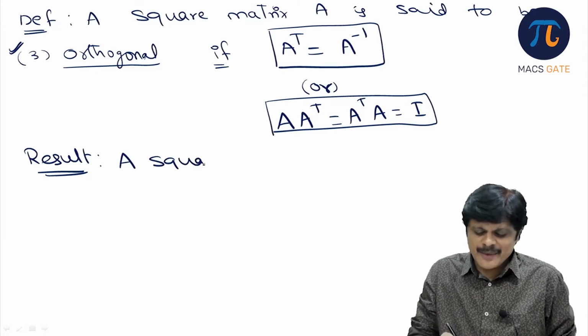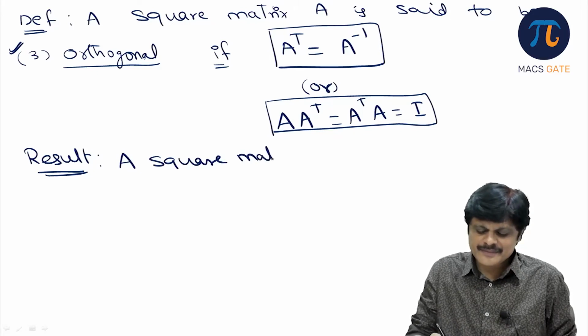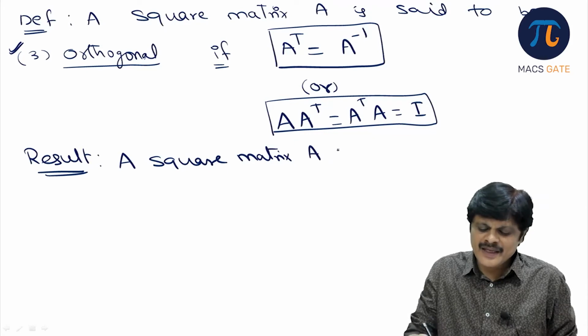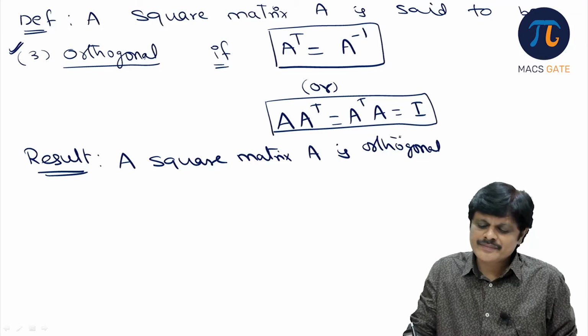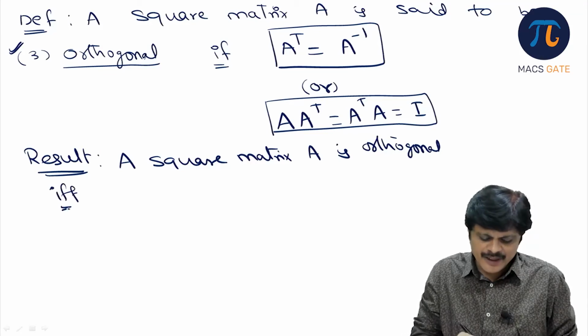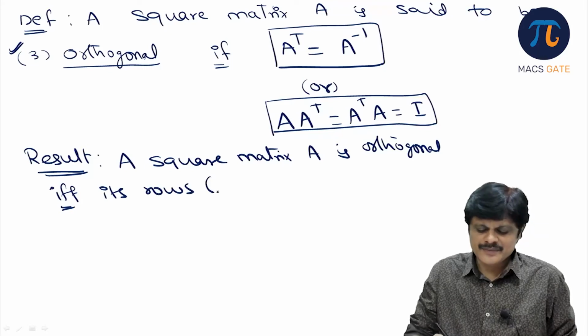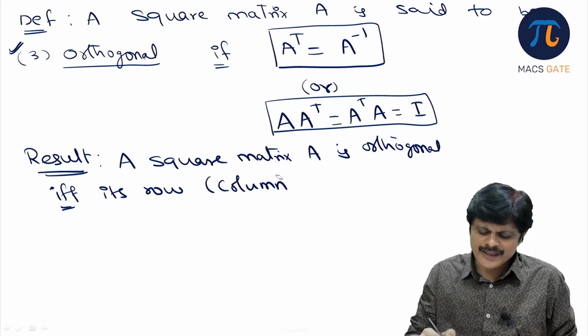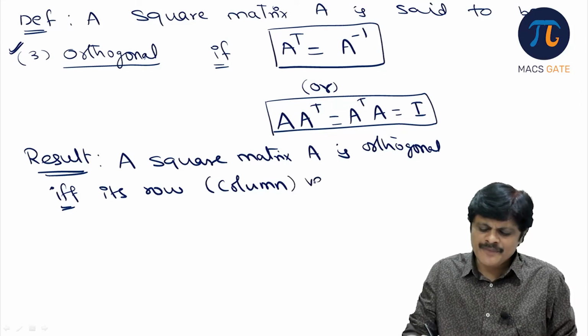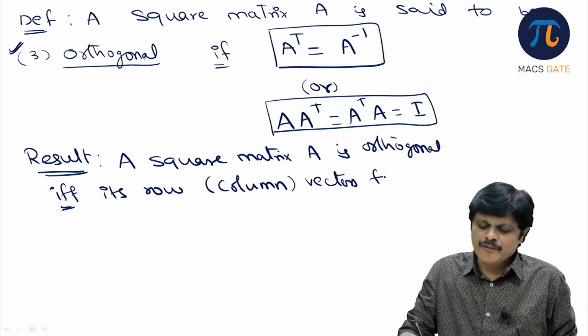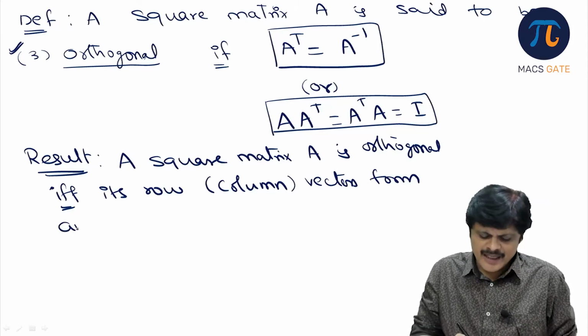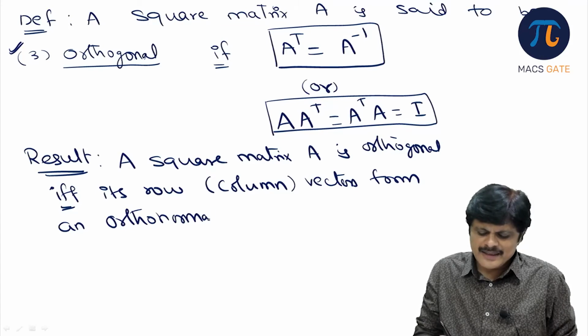A square matrix A is orthogonal if and only if its rows or columns, or let us say row vectors or column vectors, form an orthonormal set.